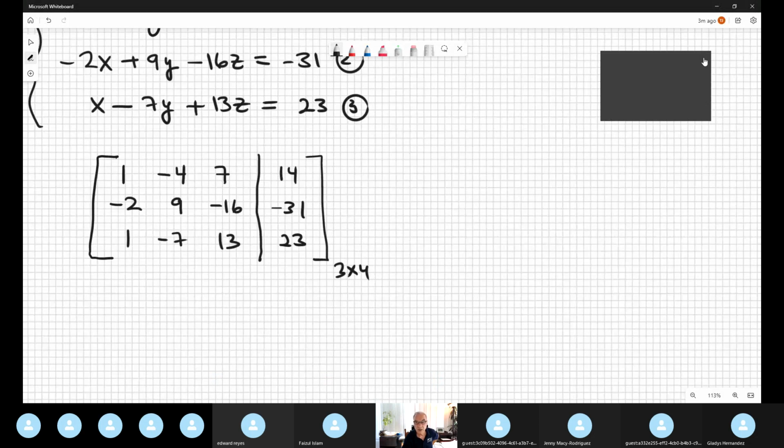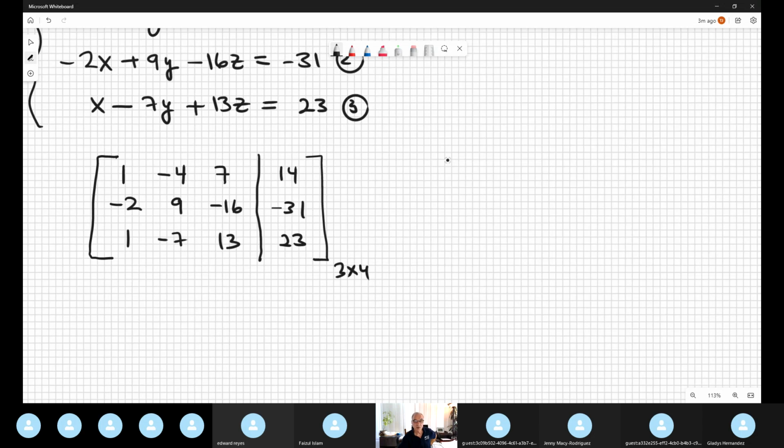Okay. Look. I did my best. Do you see whiteboard? Yes. Okay. I did my best. I put in GeoGebra. I apply again the reduced row echelon form. I get this answer.